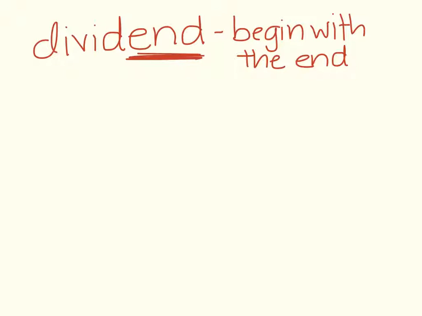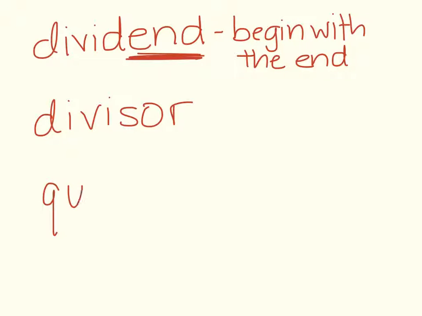The next one is the divisor. The divisor. And then the third part is the answer, which is called the quotient. So we have the dividend, the divisor, and the quotient. Let's look at them in relation to how they're laid out, so you can always make sure you know which is which.